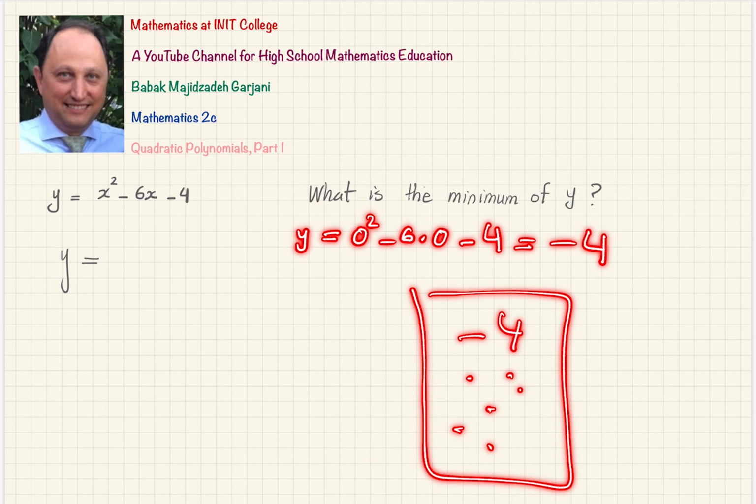You cannot check all of them. There are infinitely many. How do you know that, by coincidence, by accident, you cannot come up with another number which is lower than -4? Are you sure about that? This I want you to understand. The method that we want to describe is something that you are supposed to be sure about.